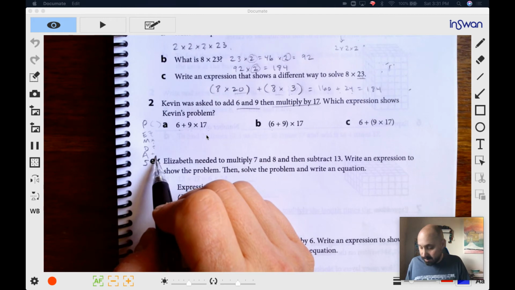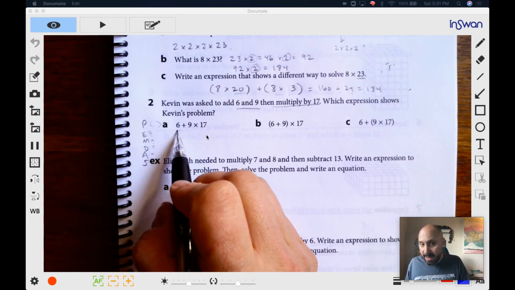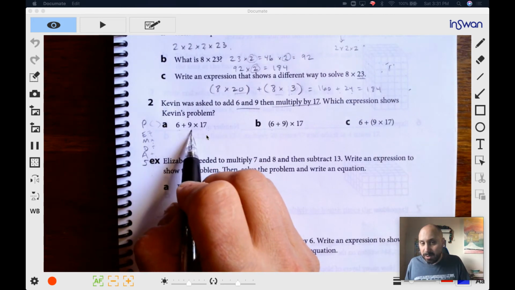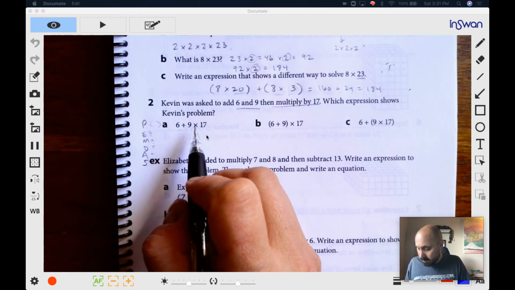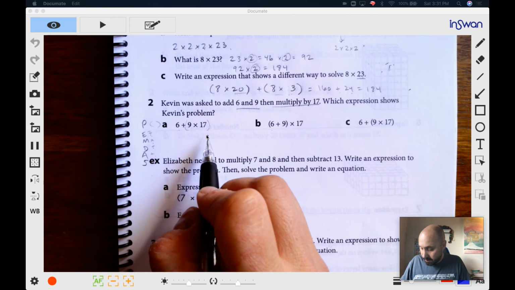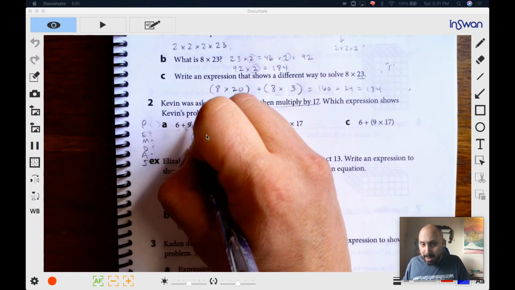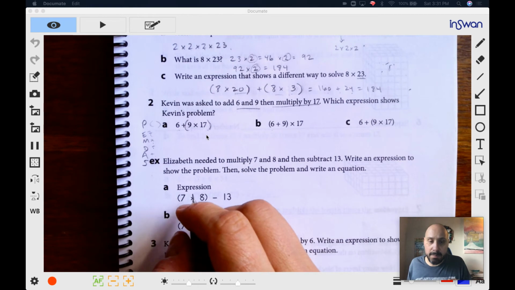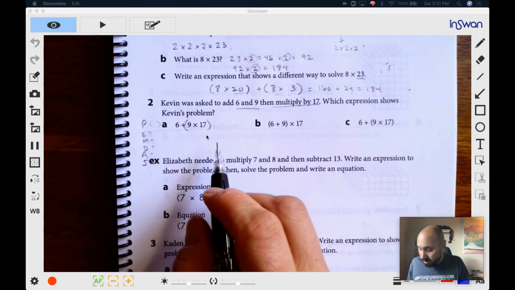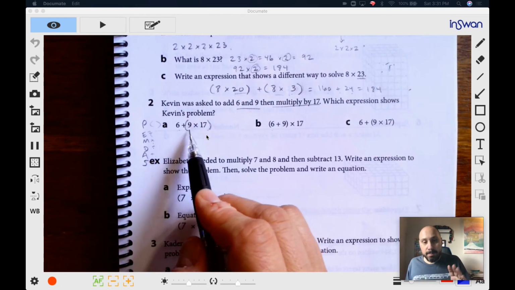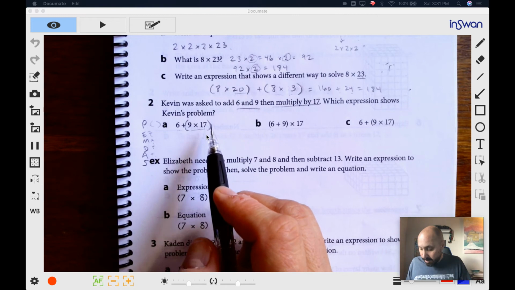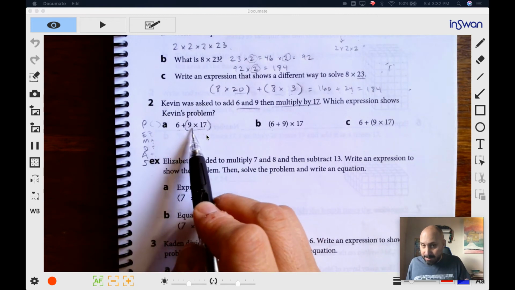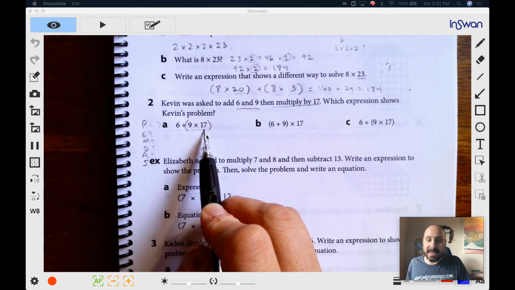So in this case, even though it says 6 plus 9 first, what you really are doing is multiplying the 9 times 17 first. And I tell my students there are invisible parentheses around the multiplication problem because that's the first thing you do. So what this problem is telling us is to multiply 9 times 17 and then add 6.